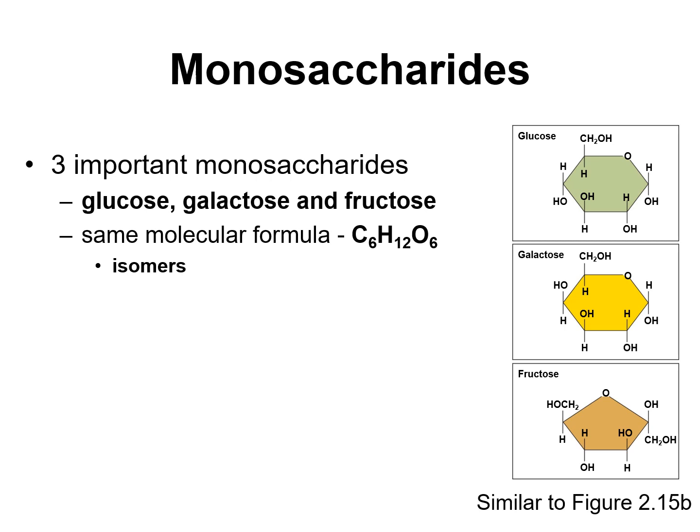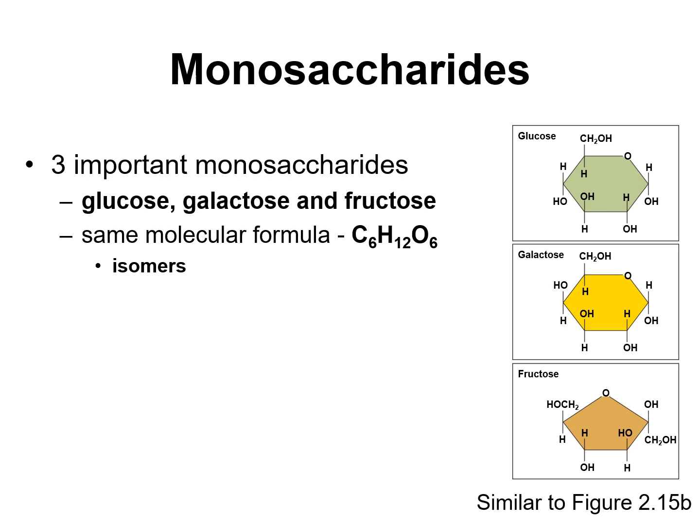There are three monosaccharides I want you to be familiar with. And the interesting thing about these monosaccharides is they all have the same molecular formula of C6H12O6. 6 carbons, 12 hydrogens, 6 oxygens.